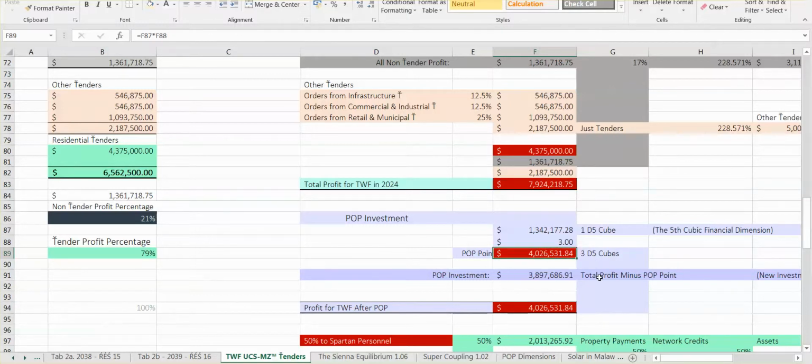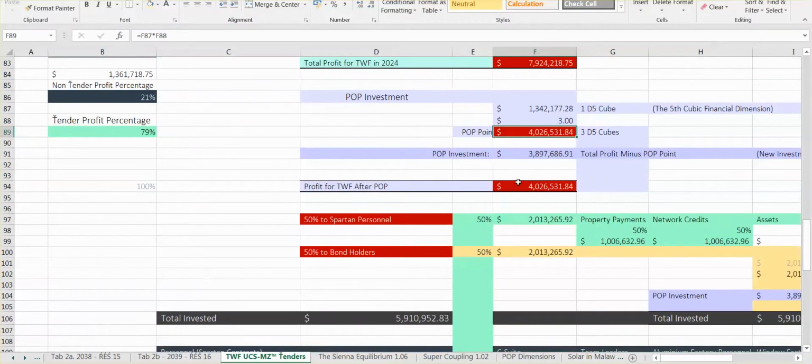So all of the profit above that 4 million must be invested into a new company, or companies, or investment in general. And the personnel who were there when this POP investment is made own half of that POP investment. Half of the new investment is owned by the personnel in their pensions. They can only take it out and it becomes a pension for them.